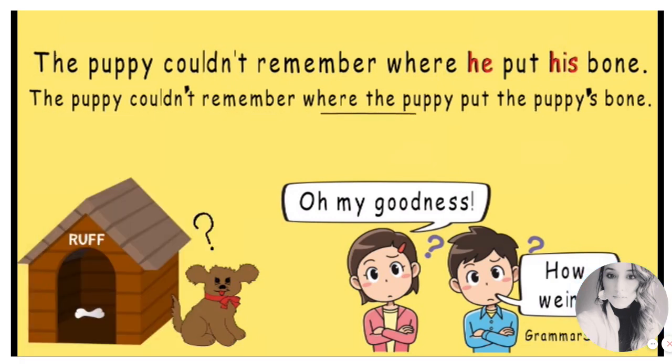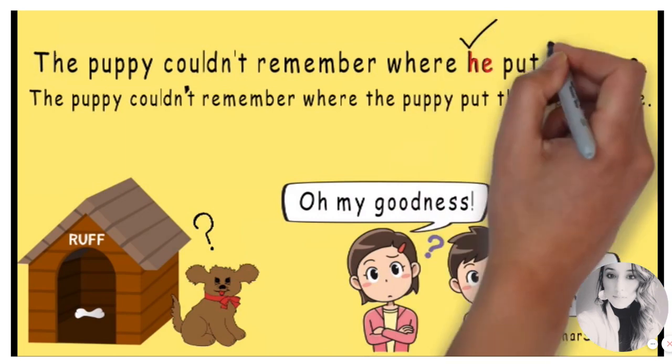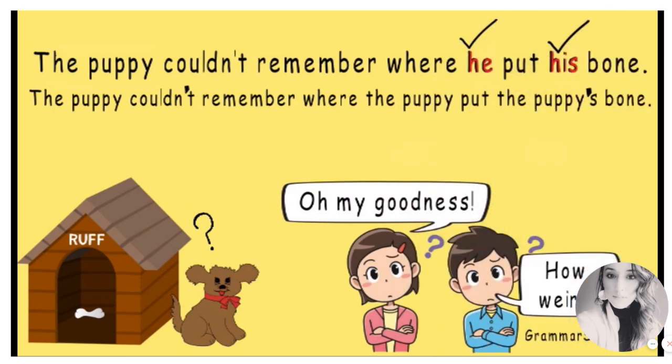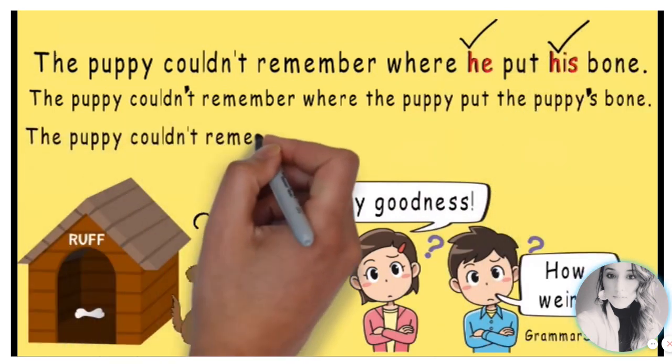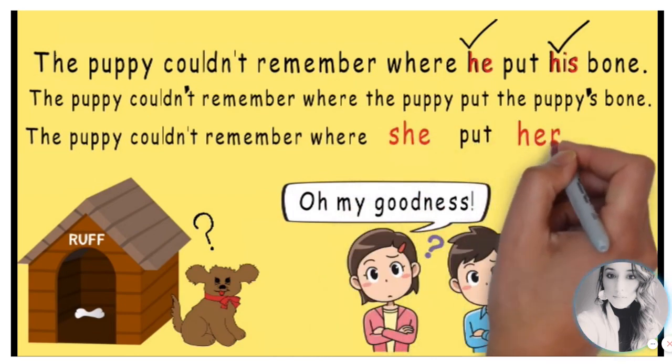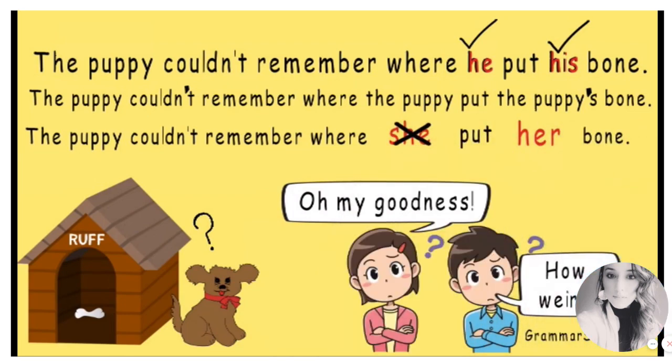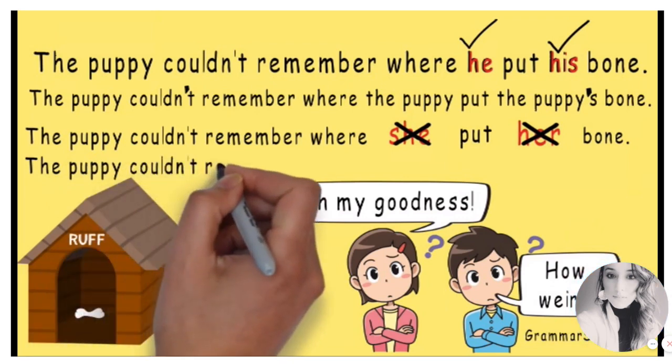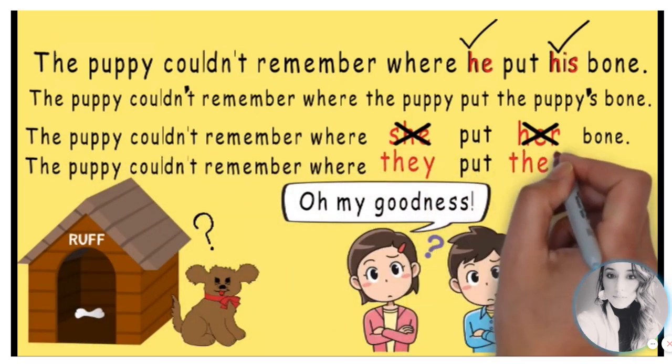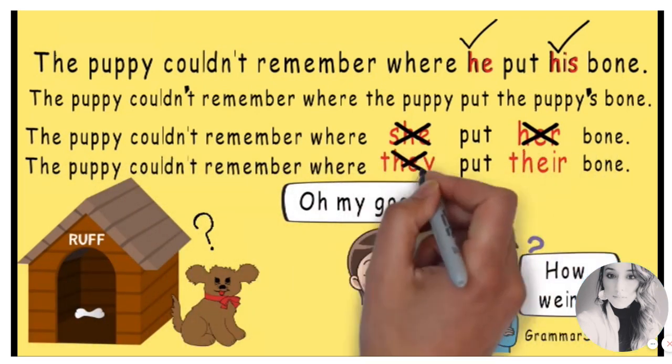Exactly. Writing the puppy 3 times in one sentence sounds silly. That is why using pronouns is so helpful. But it is important to choose the correct pronouns for the job. We wouldn't want to say, the puppy couldn't remember where she put her bone, since Ruff is a boy dog, or the puppy couldn't remember where they put their bone, since there is just one puppy.